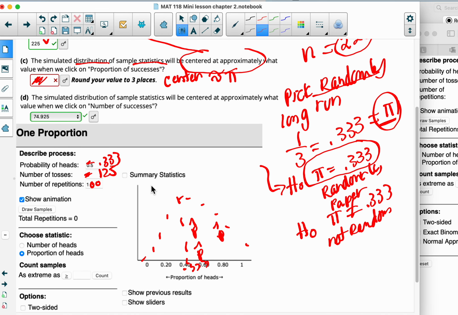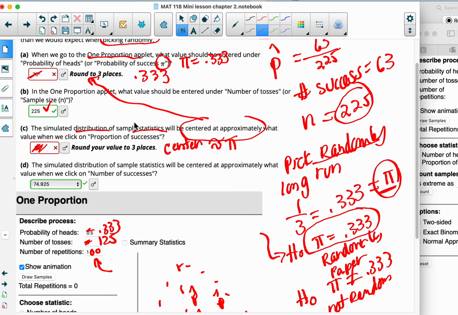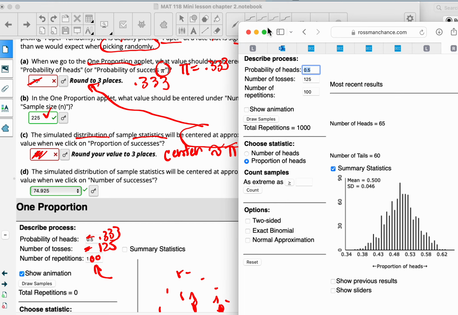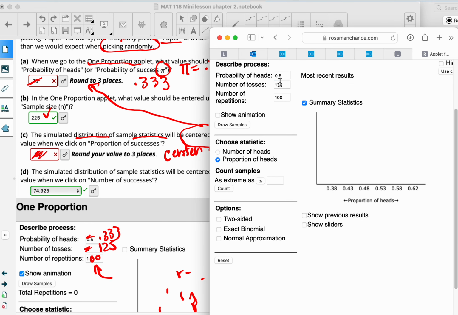The more repetitions that we create, the closer the center is going to be to 0.333. If I come here and let me reset this, pi, assuming that people pick paper randomly, 1 out of 3 would be my result.